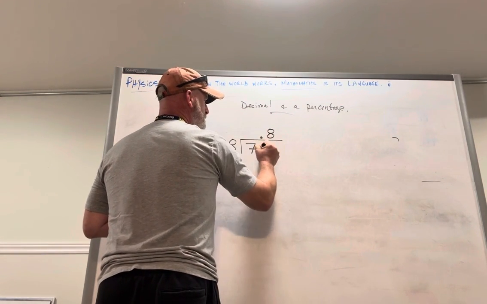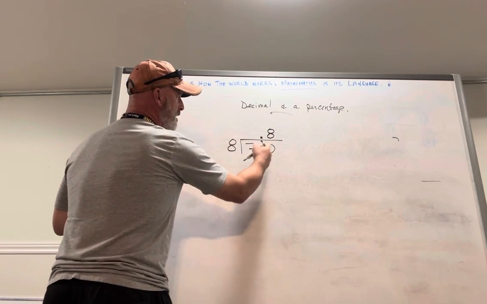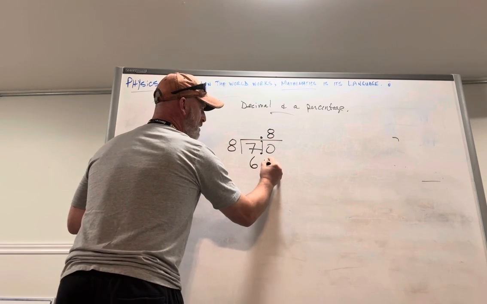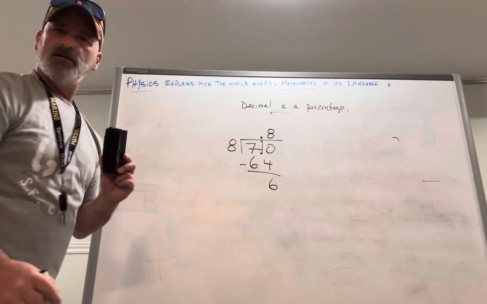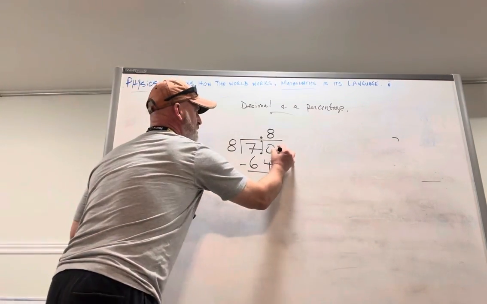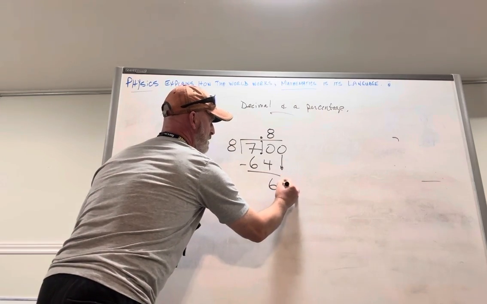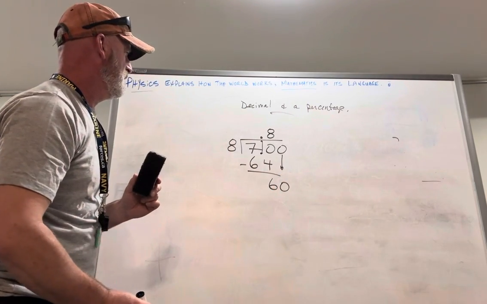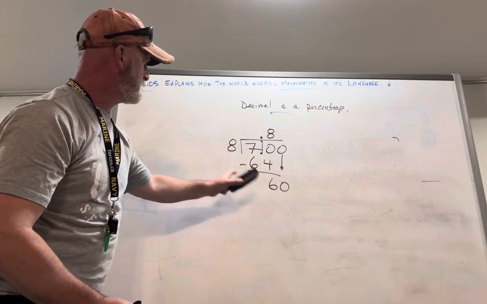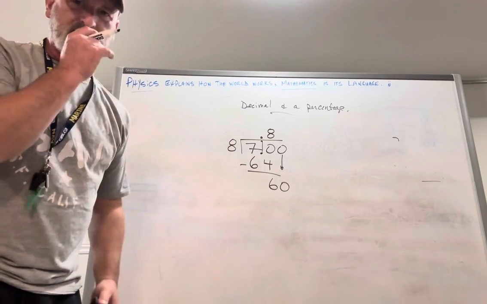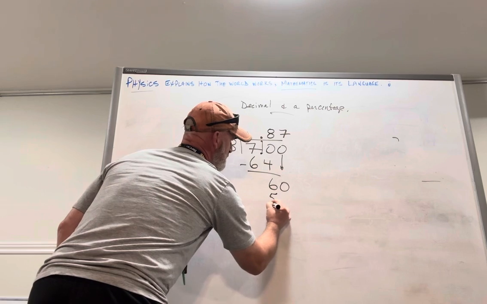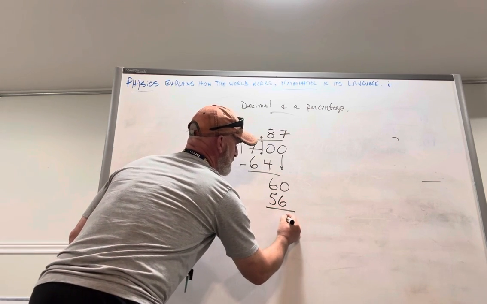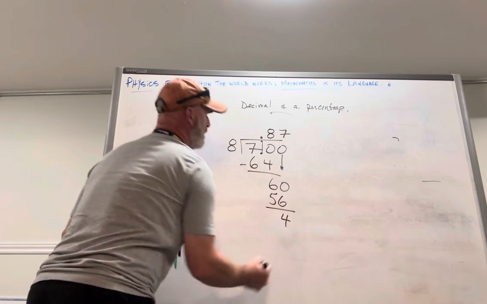Don't forget your decimal. 8 times 8 is 64. 70 minus 64 is 6. Let's bring down another 0. As the 0 comes down, 8 goes into 60, 8 times 7 is 56, and we get another 4.